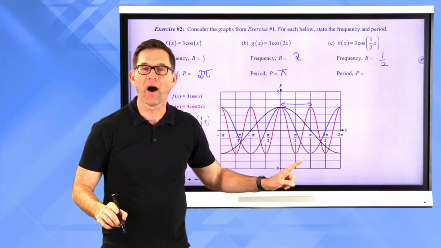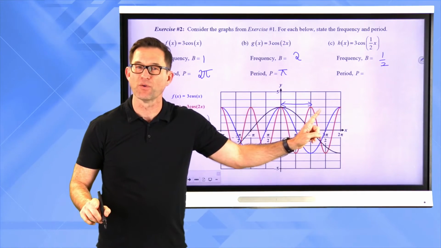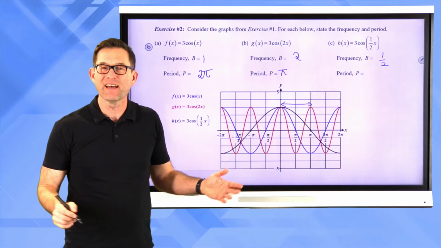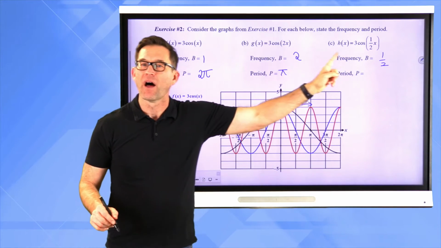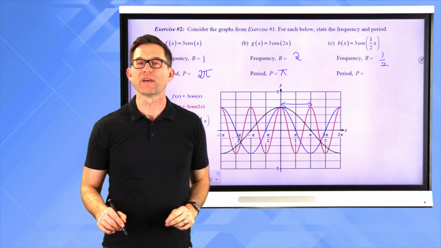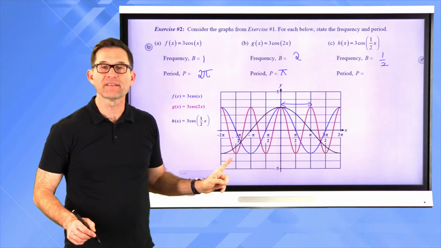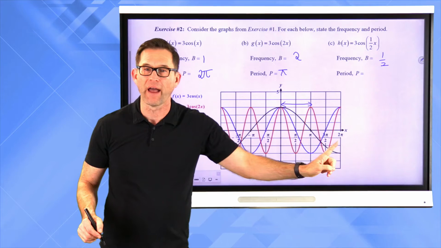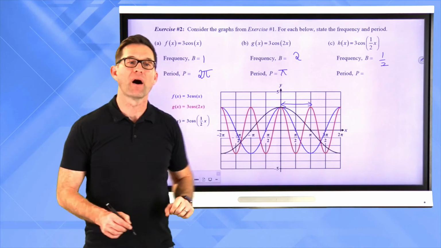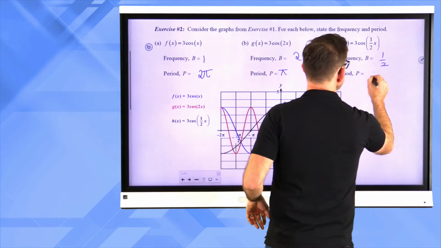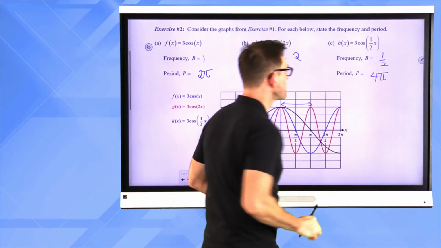It only took pi units before it completed its full cycle. That makes sense because we've speeded it up by a factor of 2. On the other hand, when we have 3 times cosine of 1/2 x, it takes a full 4 pi to go from this minimum back to the same minimum on the cosine graph, so its period is 4 pi.